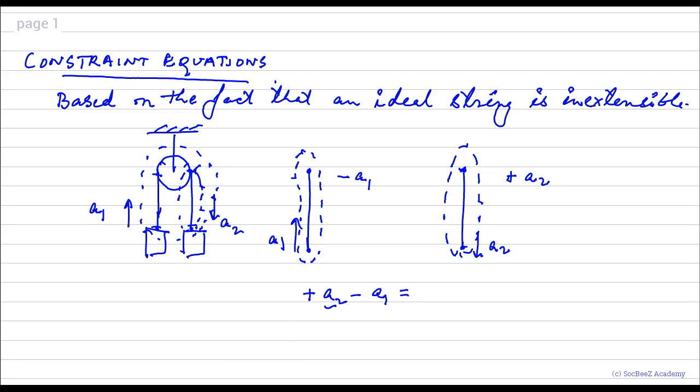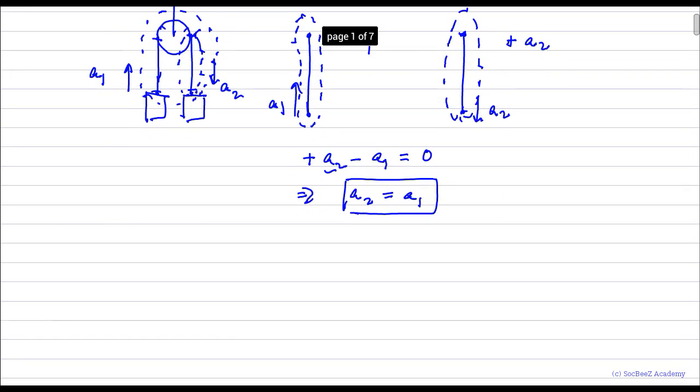And since the total string as a whole is neither extending nor shortening, this should be equal to 0, which gives me a constraint relationship between a2 and a1 as a1 equals a2. So this is how we obtain constraint relationships in simple cases.